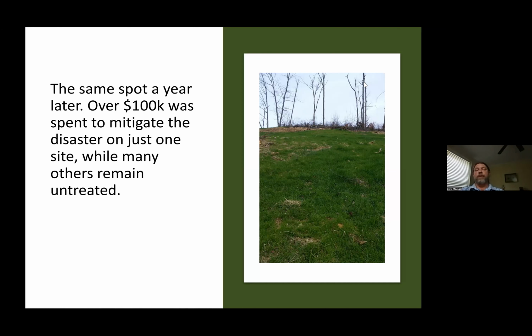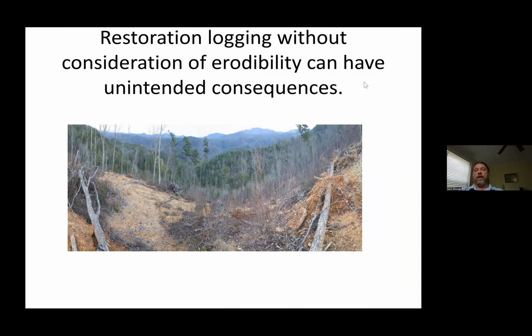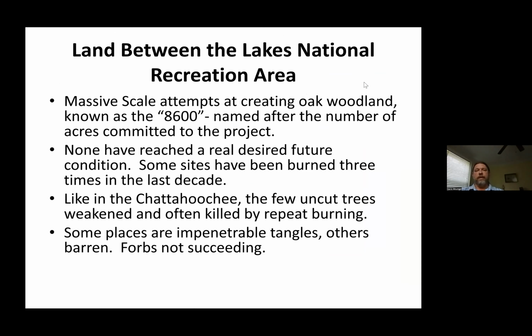And there were plenty of other areas in this timber sale that still really have not been fixed. They're just still kind of a mess. Lots of eroding happening from logging on concave topography and very steep slopes like this.